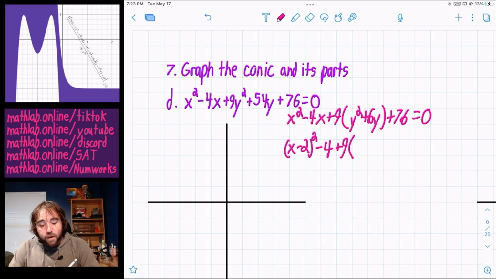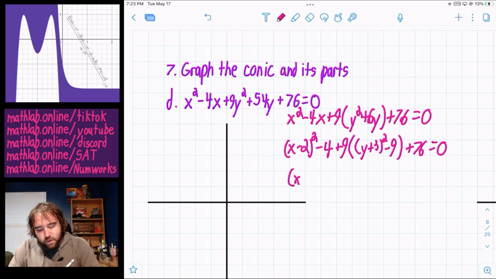And then here we got our big parentheses. So y plus 3 squared minus 9 is minus 3 squared. And then plus 76 equals 0. And then we're going to distribute this 9. So we're still going to keep this for now. And then have 9 y plus 3 squared minus 81 plus 76 equals 0.